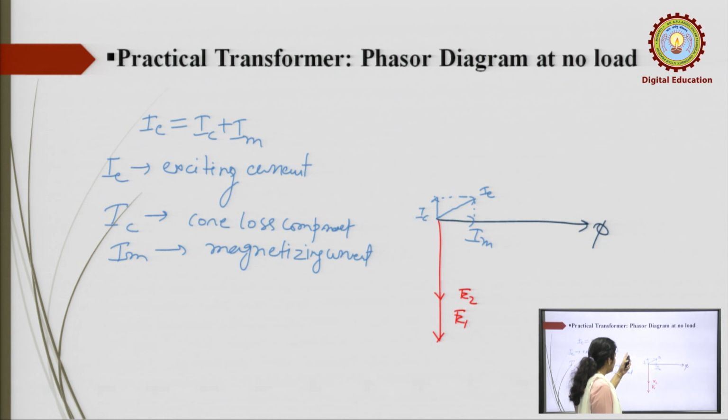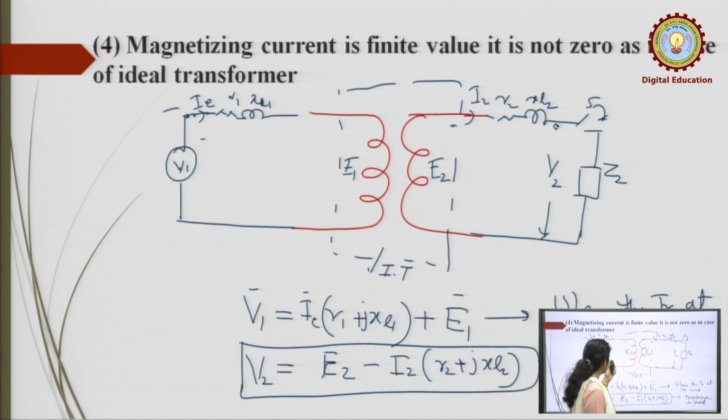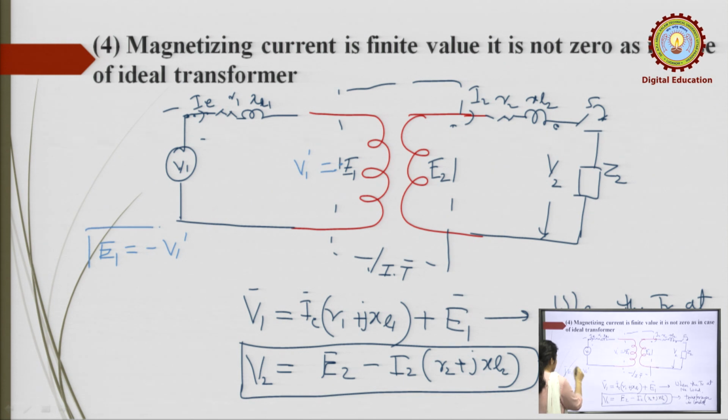Now, in the primary side, if you see the previous diagram, suppose this E1, you just take one term V1 dash. Okay. So, I just take the V1 dash phasor, which is equal to minus E1, to draw the phasor diagram of the primary side. I have taken V1 dash equal to minus E1 to explain this.